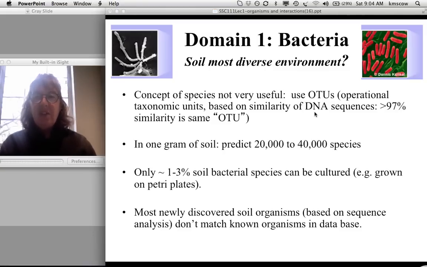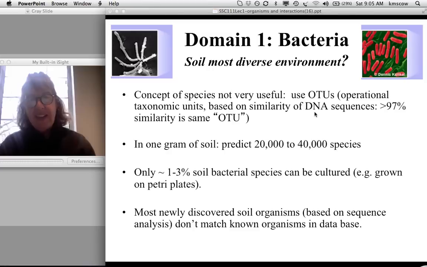And I don't know that it's so useful for plants and animals, but like in animals, we say if you get an offspring that can reproduce from genetic exchange or sex between two individuals, then they are within the same species. But this really doesn't make sense for bacteria.